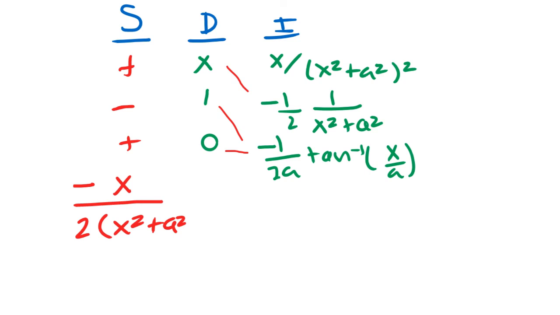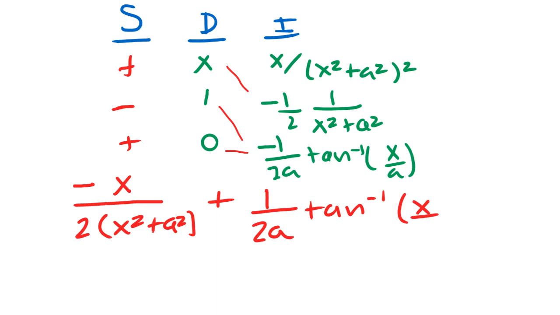Consider this that it's only just x squared plus a squared. So minus, and then we have double negatives, so it's going to be plus. So plus 1 over 2a, and then that's going to be arctangent inverse of x over a, and it's plus c now.